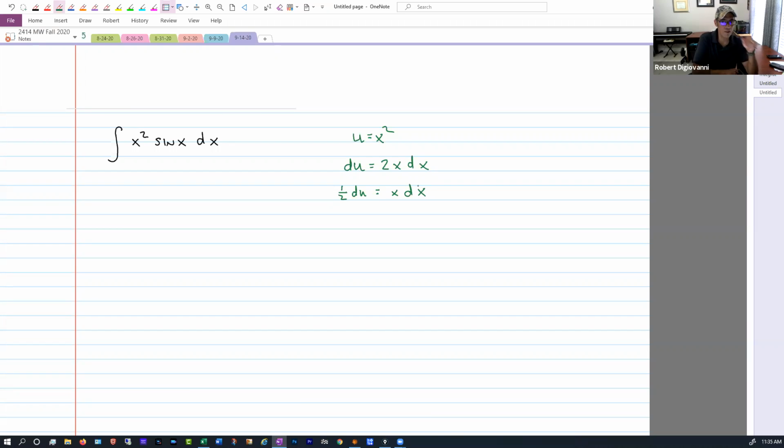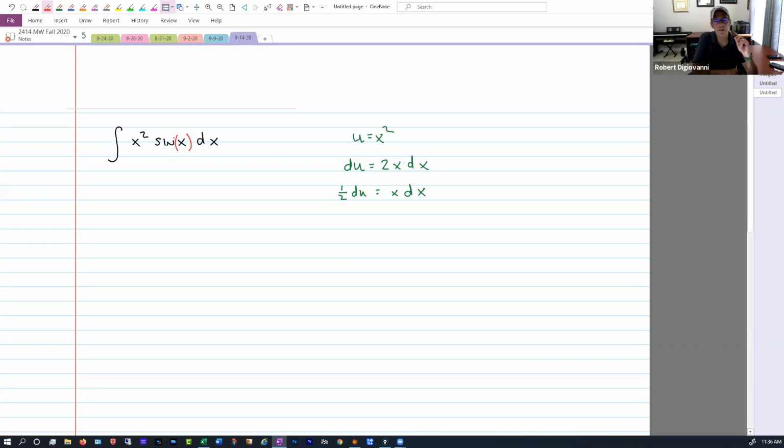We couldn't even get it to the point where we could rewrite it. I think it's because at that point it's not off by a constant, it's off by a variable. Like if it was x squared sine x with an x there, then maybe, but at that point you're off by an x, not like a 2 or something.